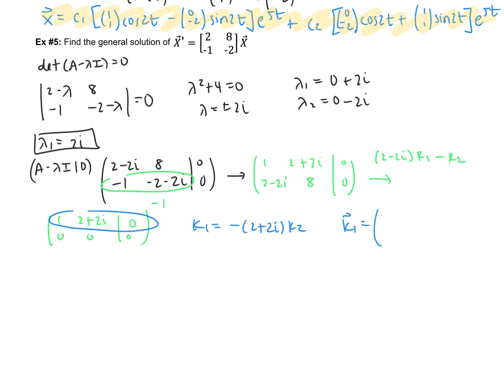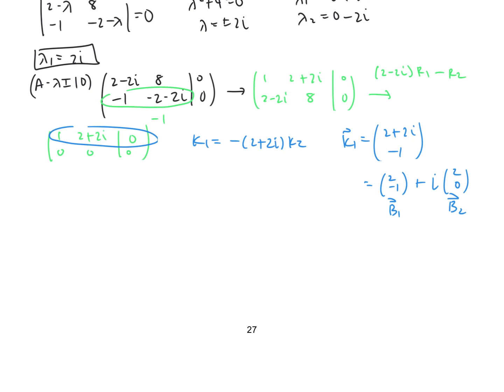So I get my eigenvector to be (2 add 2i, negative 1). Again, that's just one possible vector. If I write that, my real part is (2, negative 1), and my imaginary part is (2, 0). So this is my B1, and this is my B2.